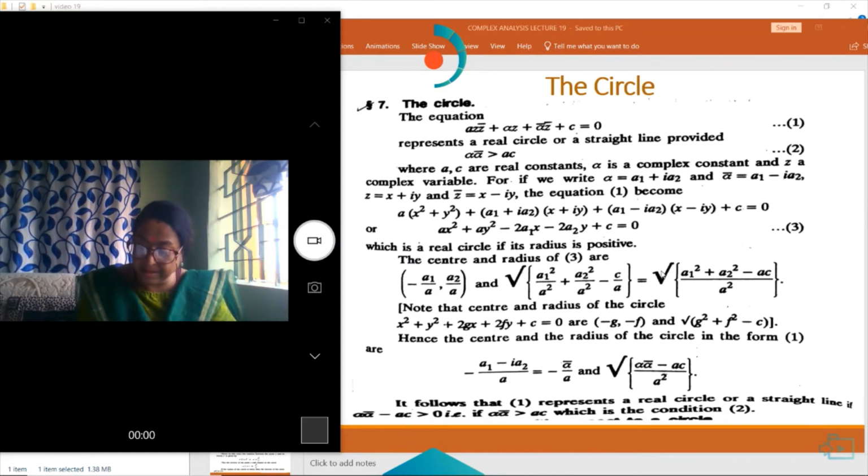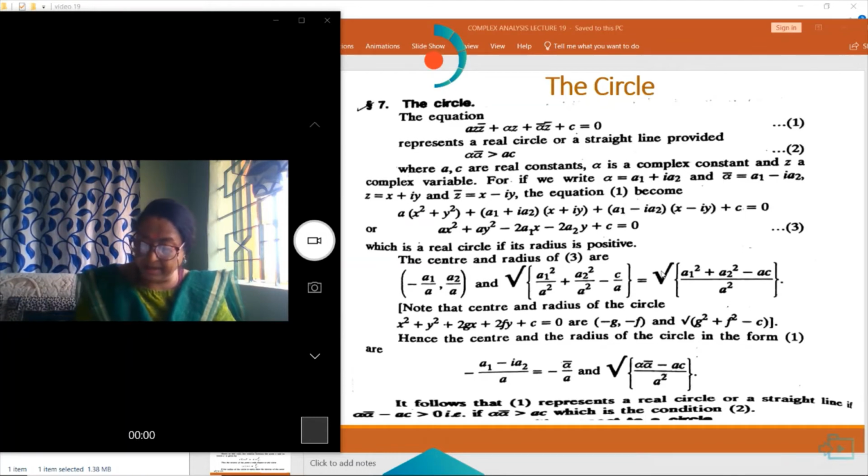Again, I am reading: A z z bar plus alpha bar z plus alpha z bar plus C is equal to 0, where alpha is a complex constant and z is a complex variable.